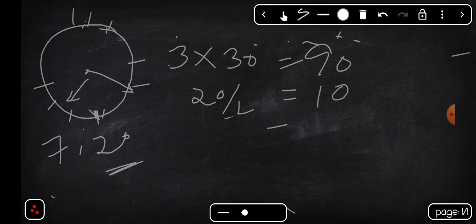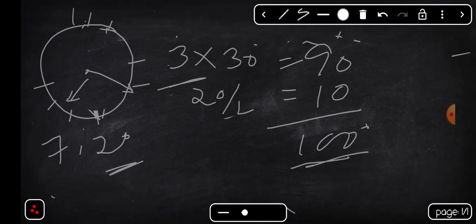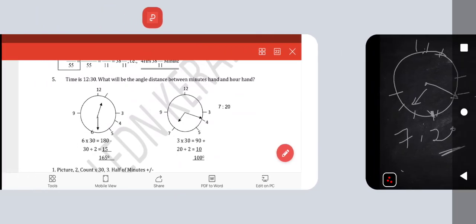We have to add it because the hour hand is more than 7. There are only 3 points, but it is more than the 7, that is why we have to add. That is 90 plus 10, 100 degree. Let us see another question.